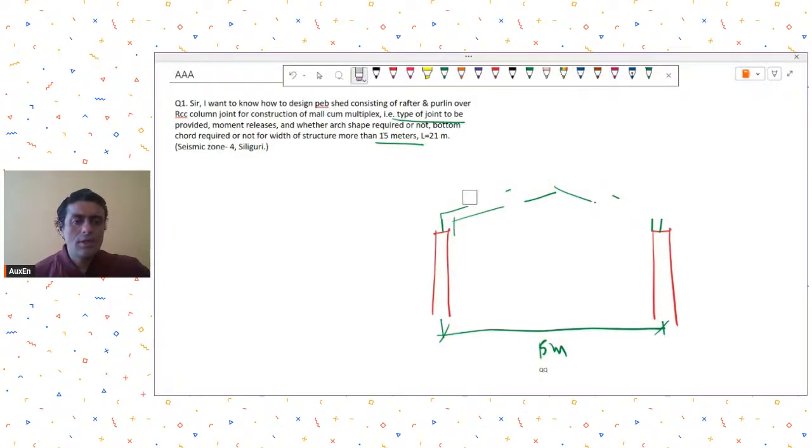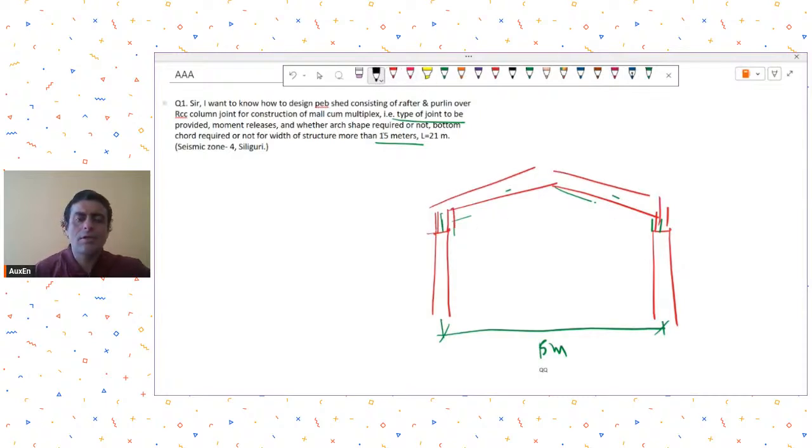Okay. Moment releases, again, will depend on the type of system that you are coming up with. Let's say you are coming up with a rafter system, and I am taking short steel columns over here for better connections. You may go for pin support, so that moments are not transferred to the column.